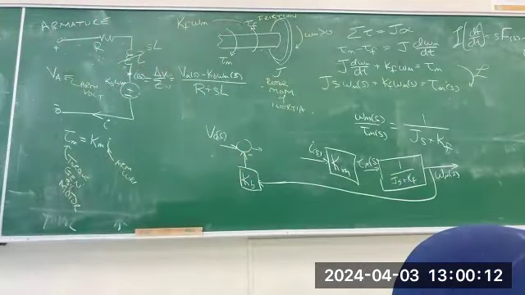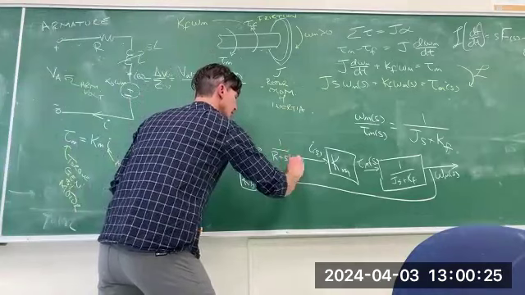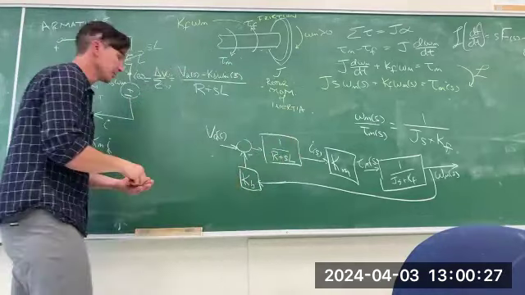All right, just under the gun, what goes in the blank? Good, 1 over R plus SL. Awesome.